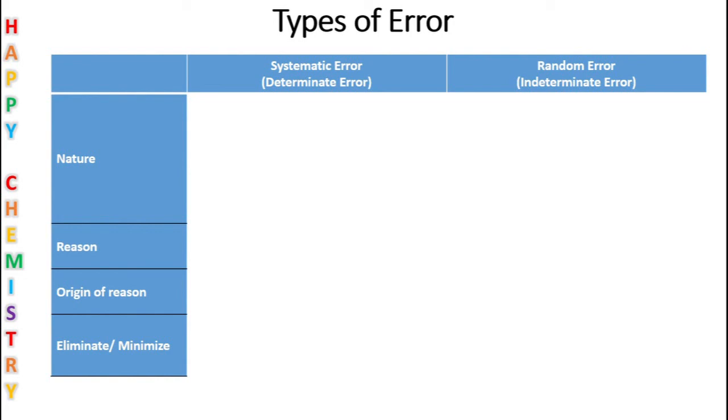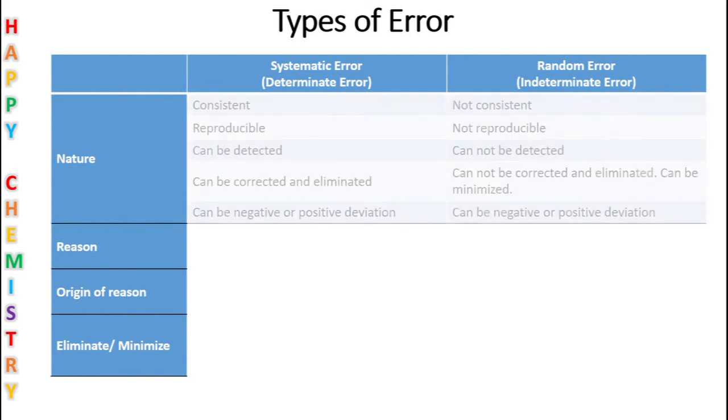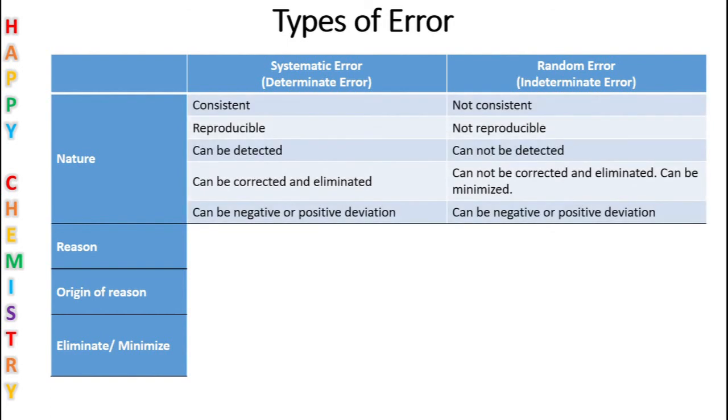First, we will compare the nature of the systematic and random errors. Systematic error is consistently occurring and hence reproducible. It can be detected, corrected, and eliminated. Random error is not consistently occurring and hence not reproducible.